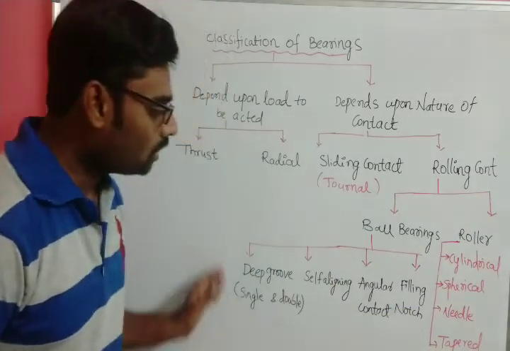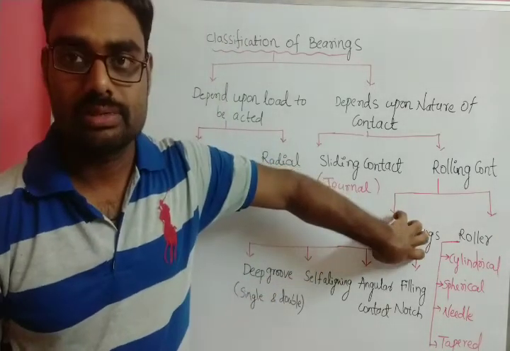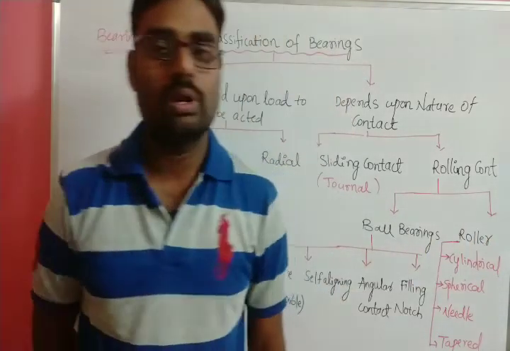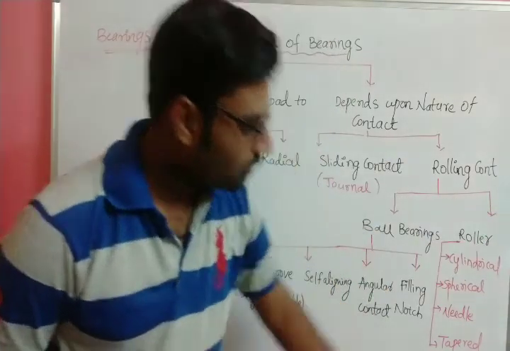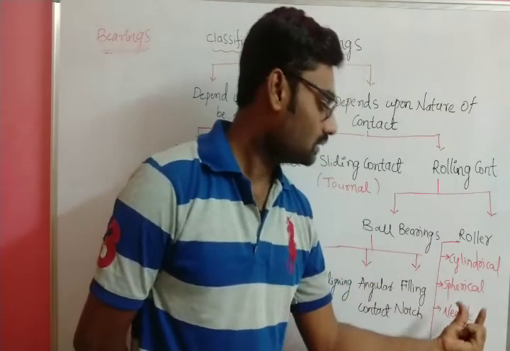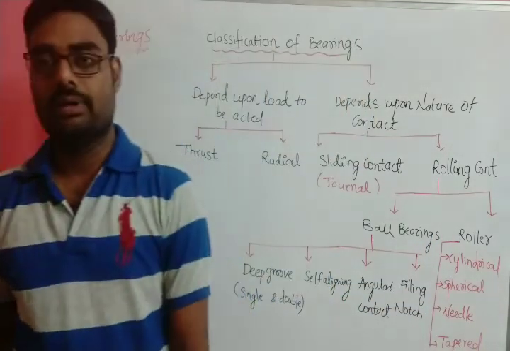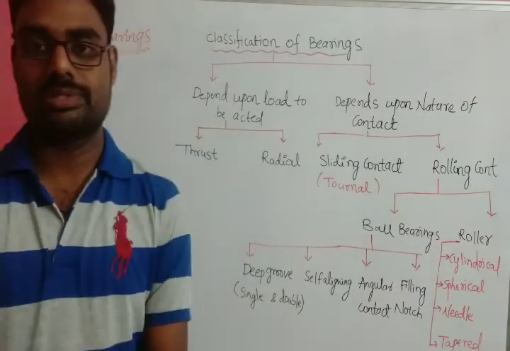These are all under the ball bearings. The second group is roller bearings, which are divided into four types: cylindrical, spherical, needle, and tapered. So this is the complete classification of bearings.